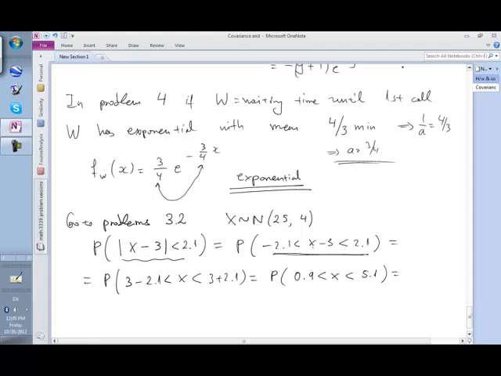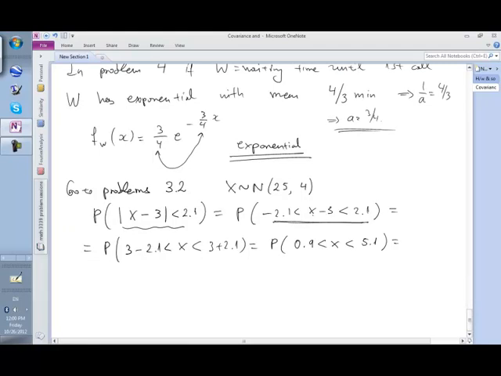So now I'm going to the standardization. So standardize now. Subtract from all three sides the mean and divide by the standard deviation.